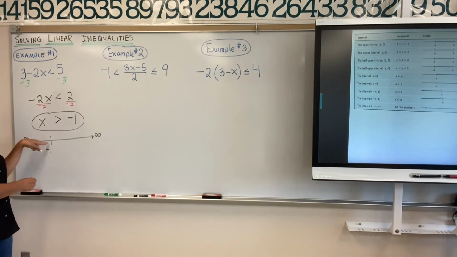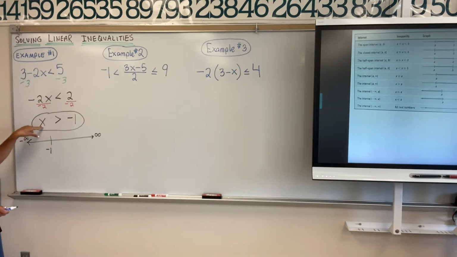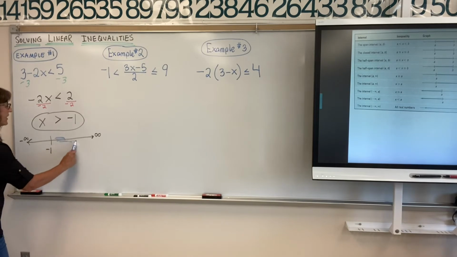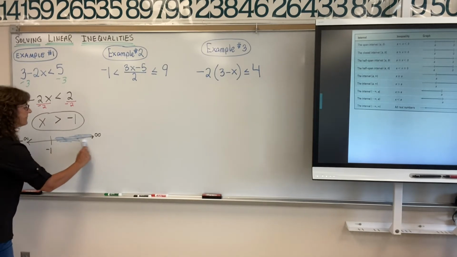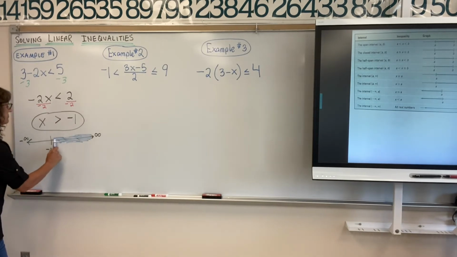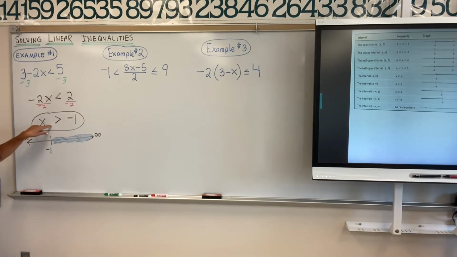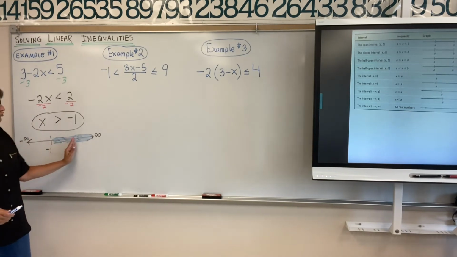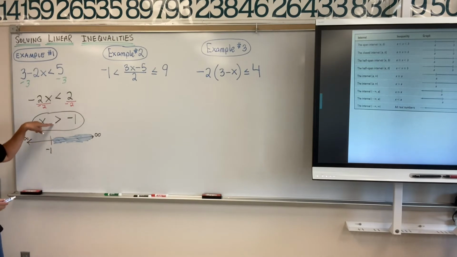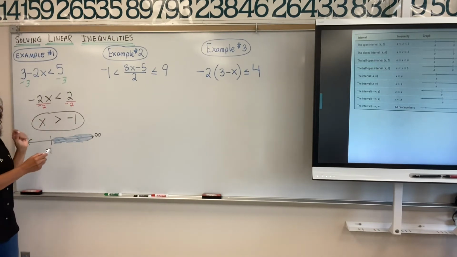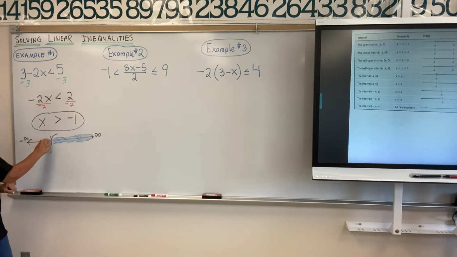So we want to indicate with a parenthesis that we're not including this, and we want the values of x greater than -1. You always shade where the values satisfy the inequality, so we shade the values greater than -1, but we do not include -1. Your parenthesis needs to open in the direction that you shaded.